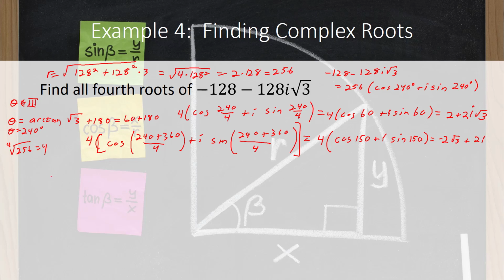Okay, and then for the third root, we will have 4 times the cosine of 240 plus 720 over 4, plus I times the sine of 240 plus 720 divided by 4.